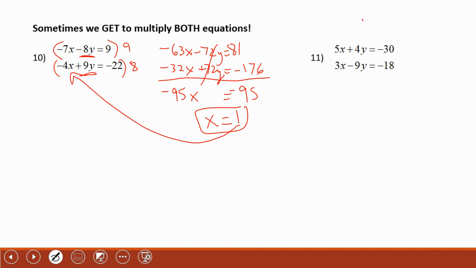Okay, let's look at this one. On this one, I'm going to look at the opposite signs. I'm going to multiply the top equation by 9 and the bottom equation by 4.